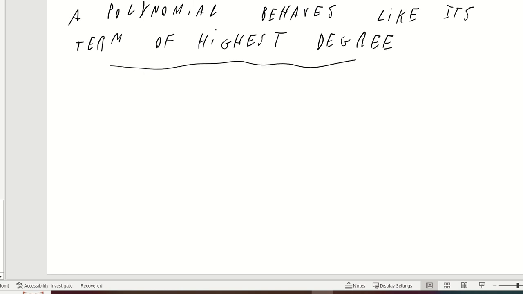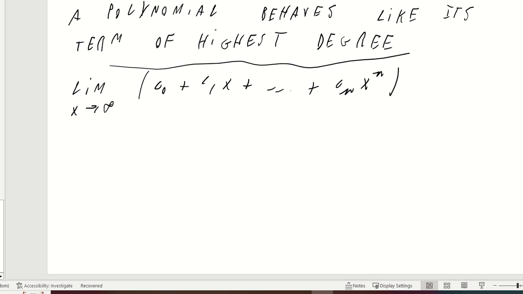So what that means is that the limit as x tends to infinity of some generalized polynomial function like c0 plus c1 x plus lots of other terms all the way up to cn x to the power of n will just equal the limit as x tends to infinity of the term with the highest power of x, which in this case is cn x to the power of n.